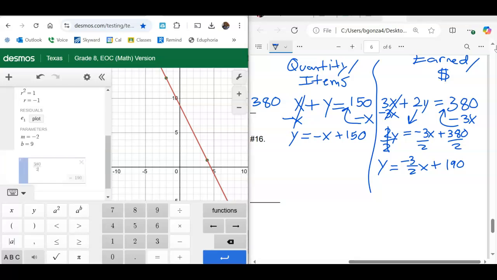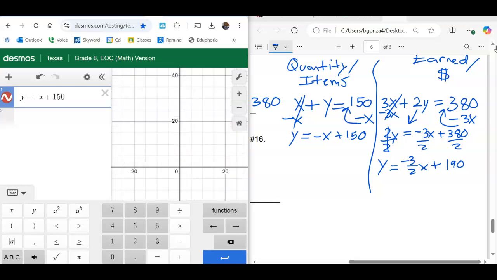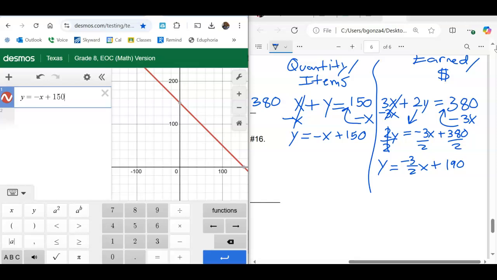So here we go. y equals negative x plus 150. Now, if you can't see it, you need to zoom out, maybe even a lot, okay? And next one, y equals negative 3 divided by 2 x plus 190.